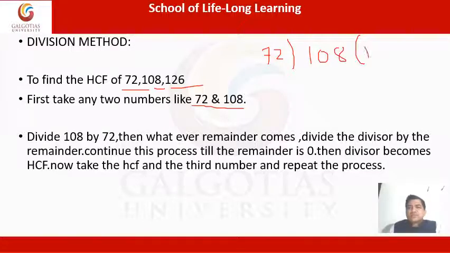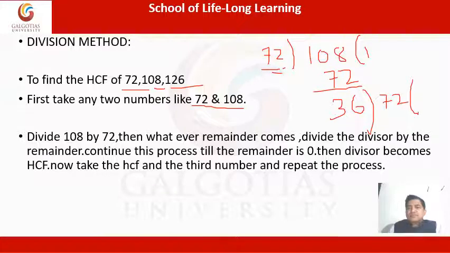It goes one time, and you get a remainder of 36. Now from the remainder, divide the divisor. Divide 72 by 36. It goes 2 times, and the remainder is 0. Now 36 is the HCF of these two numbers. Correct? This is how we go with the division method.